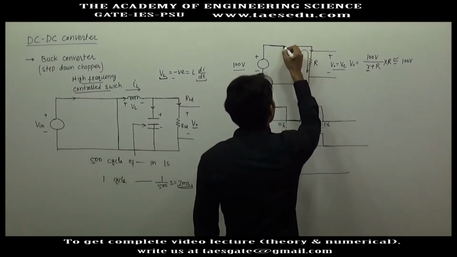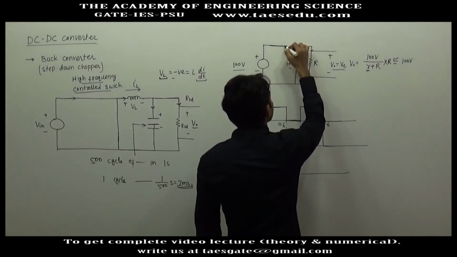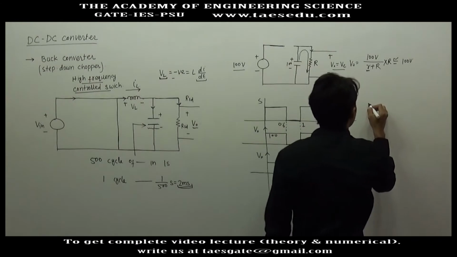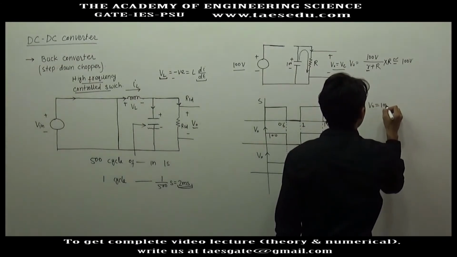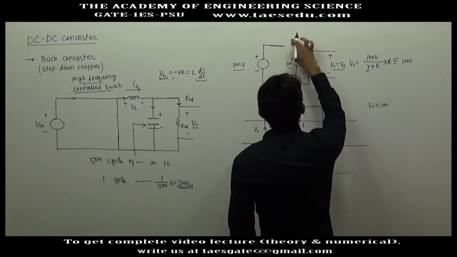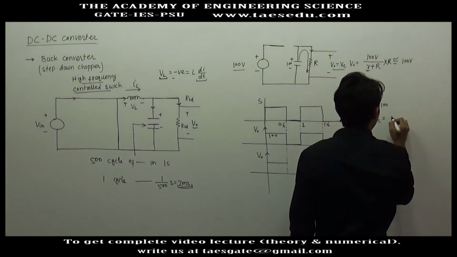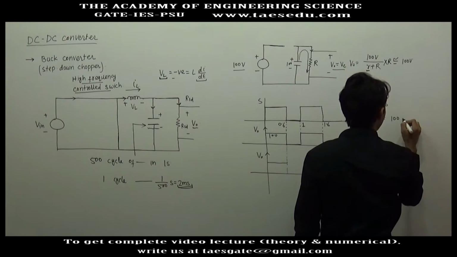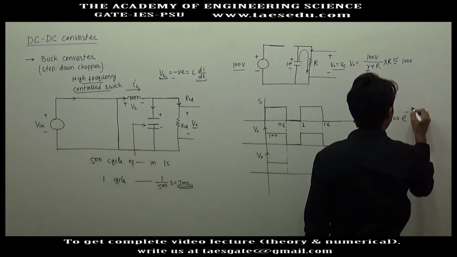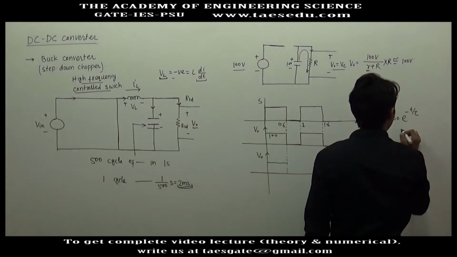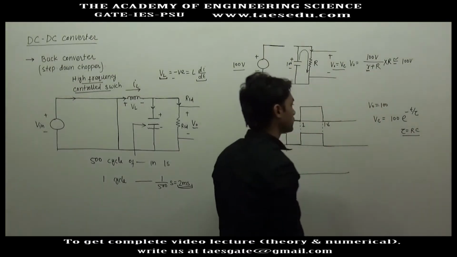If just before disconnecting this switch the capacitor voltage was 100 volt, then after removing the switch, the equation of capacitor voltage will be 100 into e to the power minus t divided by tau, where tau is the time constant of the circuit.